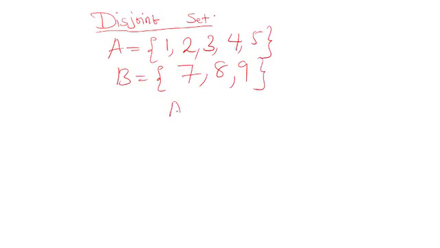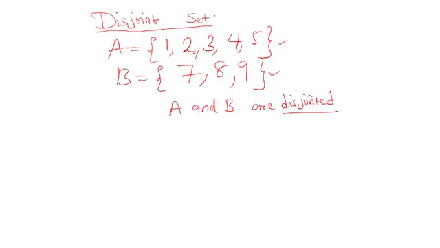Now A and B are disjointed. Now, if you watch why I use the word disjointed, we don't say A and B don't have anything in common.